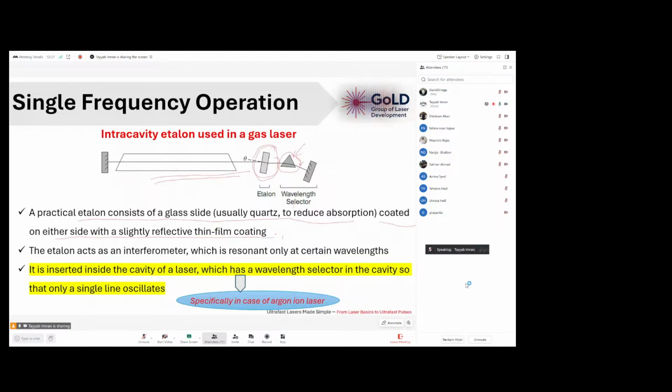Okay, because on the other side, the light is supposed to come out. So the etalon can also act as an interferometer. Okay, and it can resonate at certain wavelengths. It depends upon the dimension of the etalon, the thickness of the etalon. Okay.